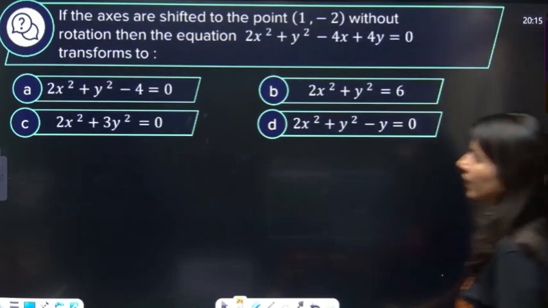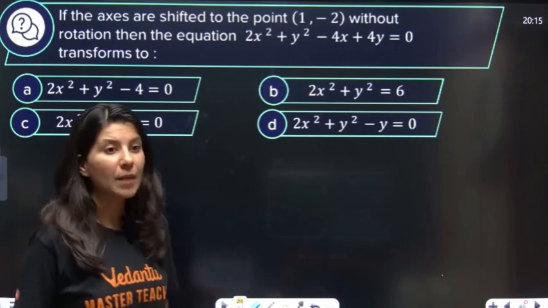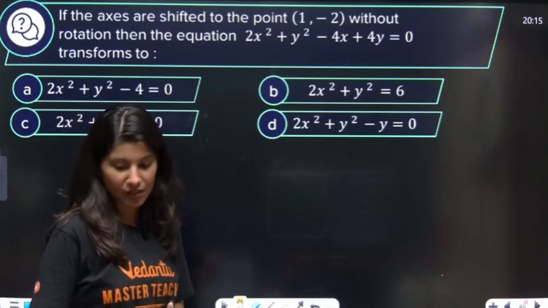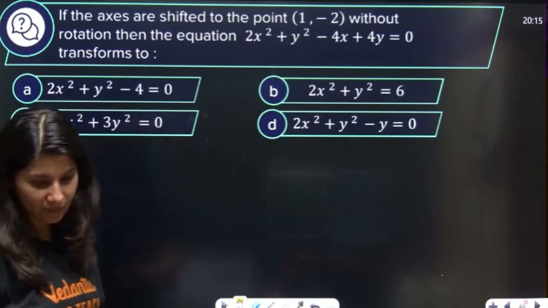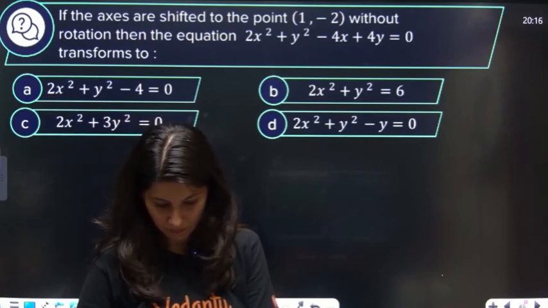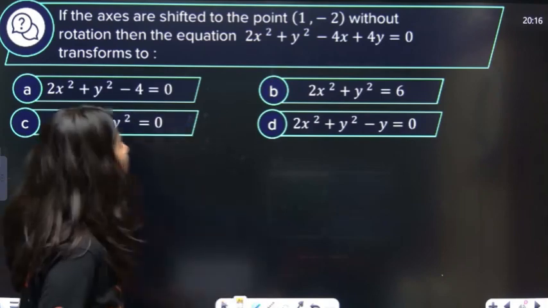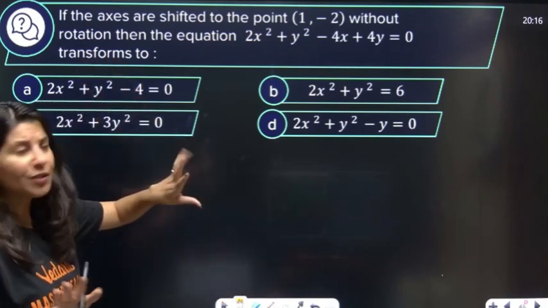This one. If the axes are shifted to the point 1 comma minus 2 without rotation, that means normal shifting of origin.